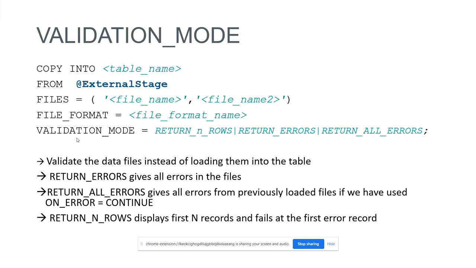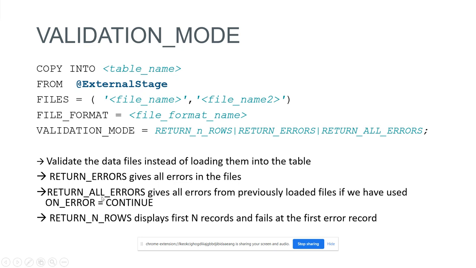Whenever we specify validation mode equals return errors, it will display all the errors if there are any errors in the files. Otherwise it will say validation completed successfully. That means it will not load the data, but all files are looking good, without errors.